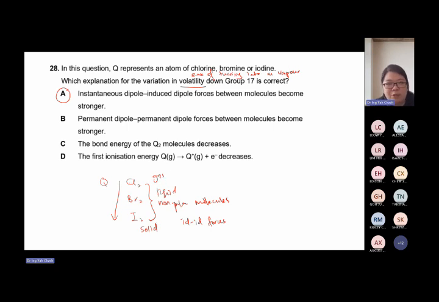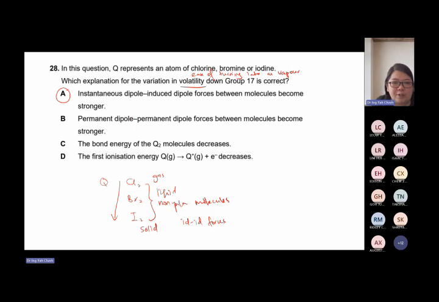Chlorine is a gas at room temperature, which means its boiling point is below room temperature, so it becomes gas very easily. Bromine is a liquid, that means you still need to provide heat so that it will become gas. Iodine although can sublime to gas, you still need to provide heat energy. It's harder to turn a solid into a gas compared to a liquid into a gas. So going down a group, because ID forces are getting stronger, it is harder to become gas.